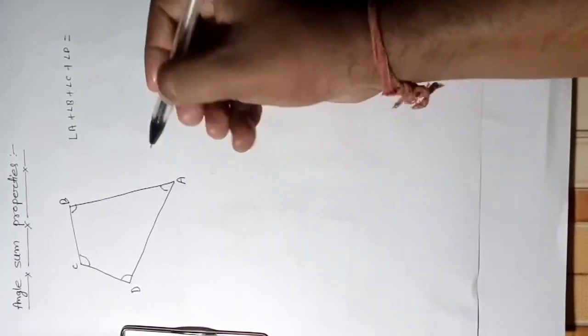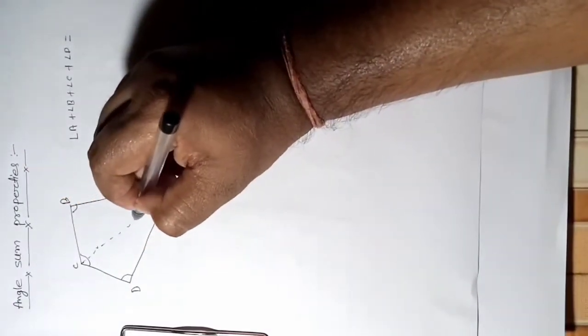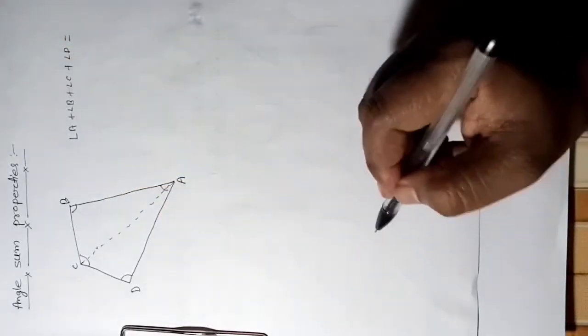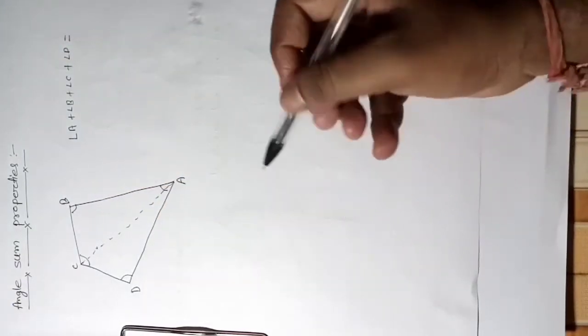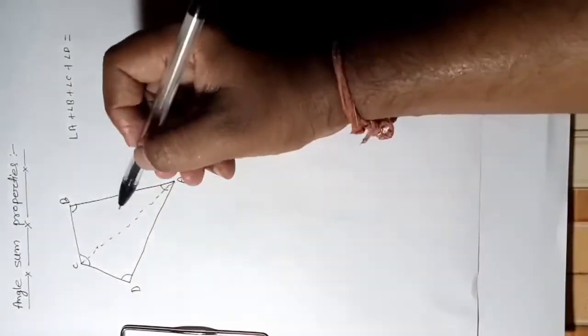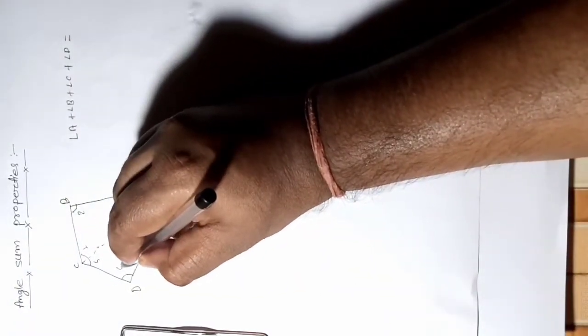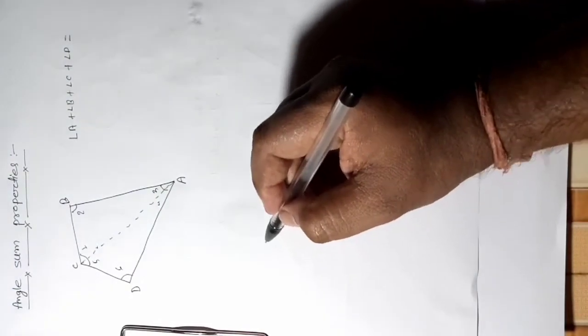So what I'm taking is a diagonal, right? So AC is a diagonal, where you will see I just divided it into angles 1 2 3 4 5 and 6. There are 6 angles, right or not?